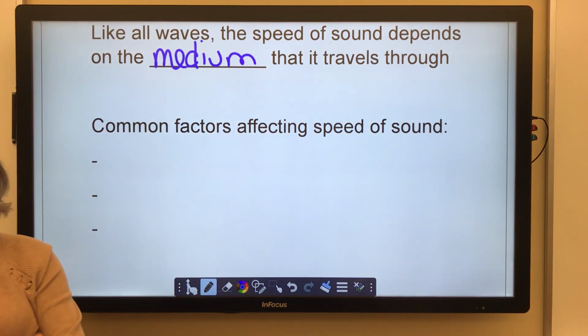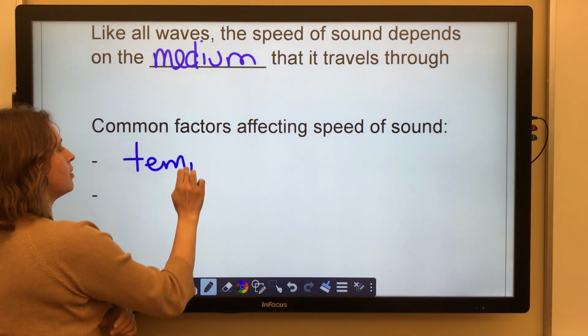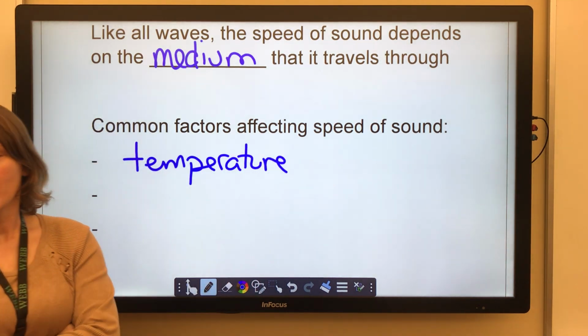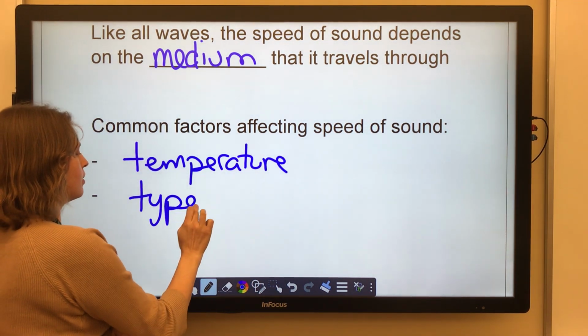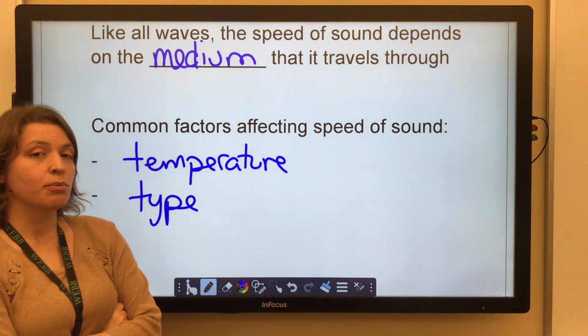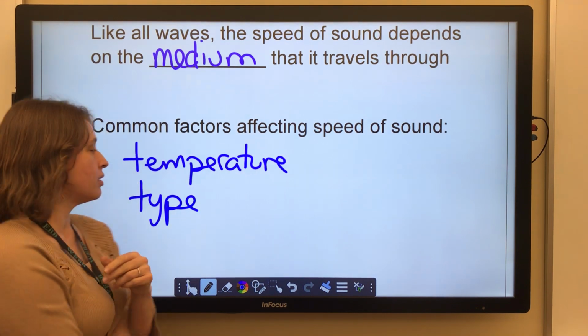When we're dealing with the speed of sound, it might depend on the temperature of the medium. It might depend on the type of medium. So when we're dealing with sound, is sound moving through air? Is it moving through water? Is it moving through steel?